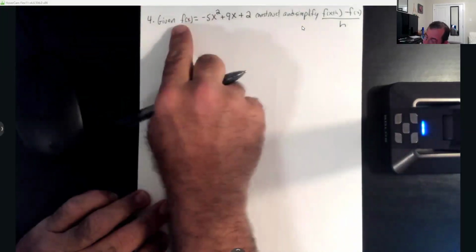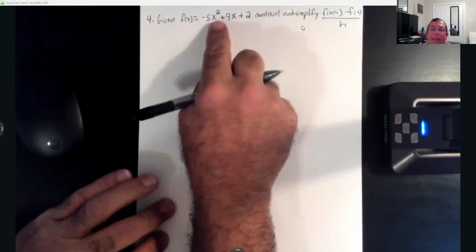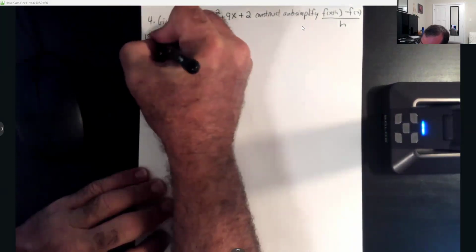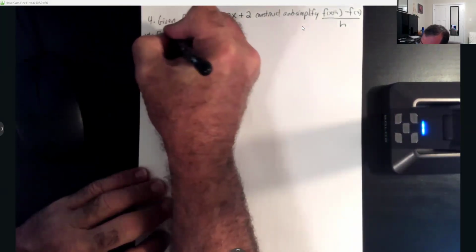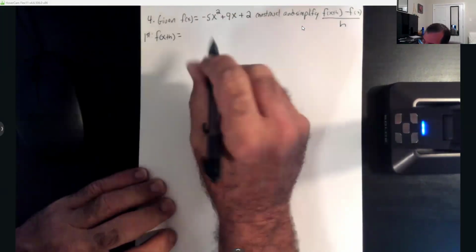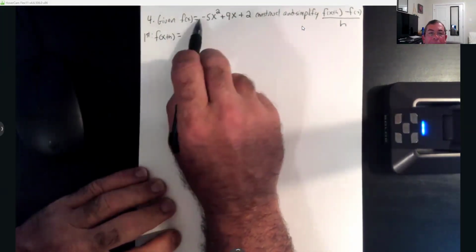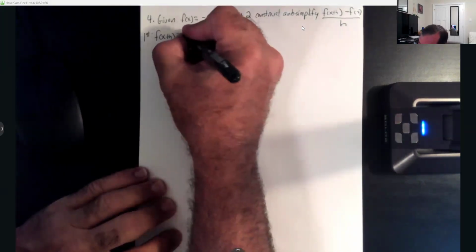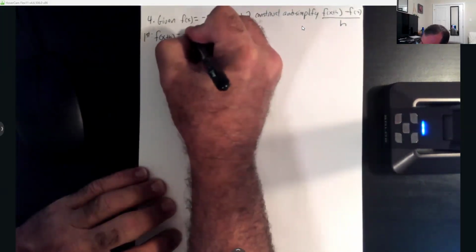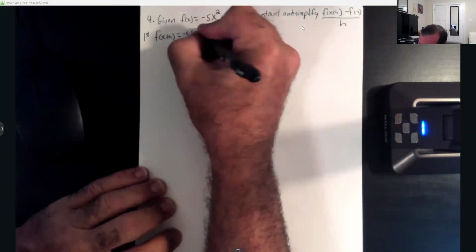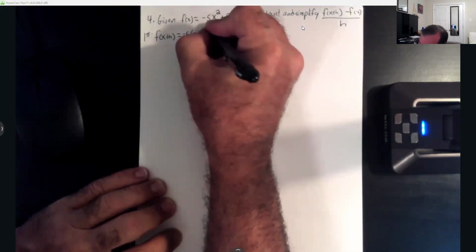Y'all look at this. f of x has got 2 x's in it. So when we first come over here and find f of x plus h, wherever there's an x here, I'm putting this now, okay? So I've got my negative 5 times x squared, which will be x plus h squared.